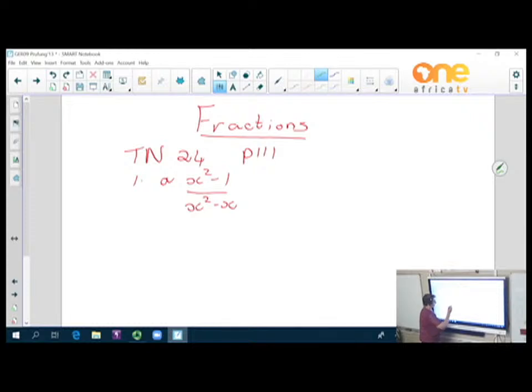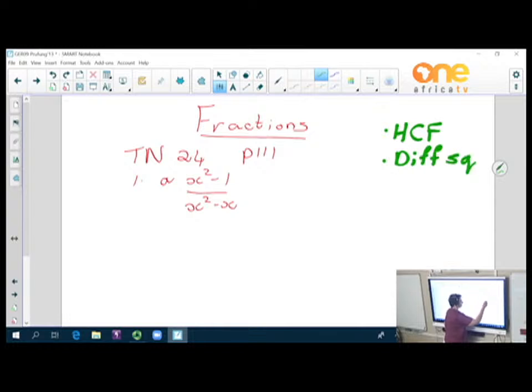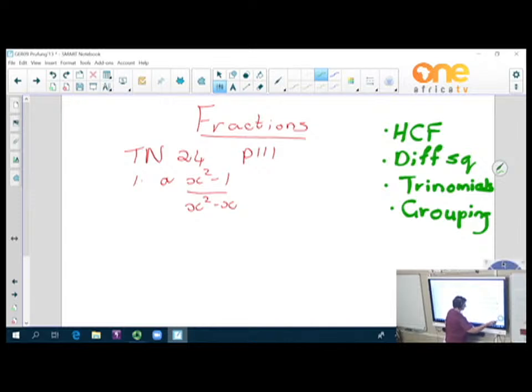If I factorize here, remember, we had the 4 steps: the highest common factor, the difference between squares, trinomials, and grouping. So we are still working with that factorization.